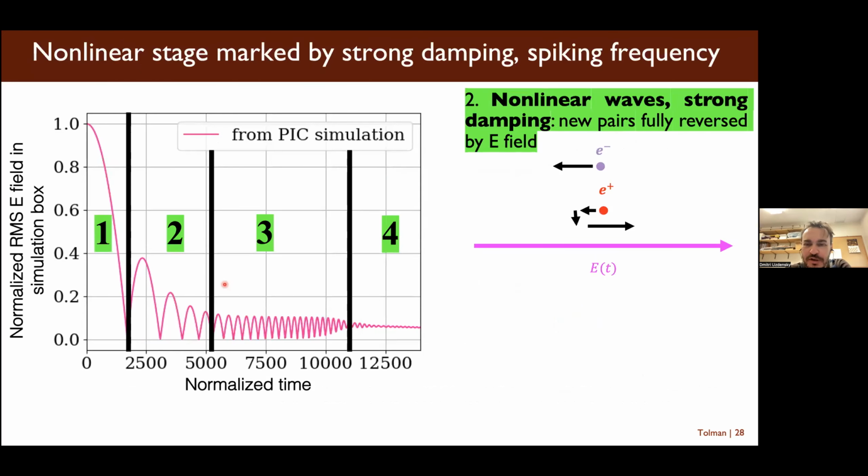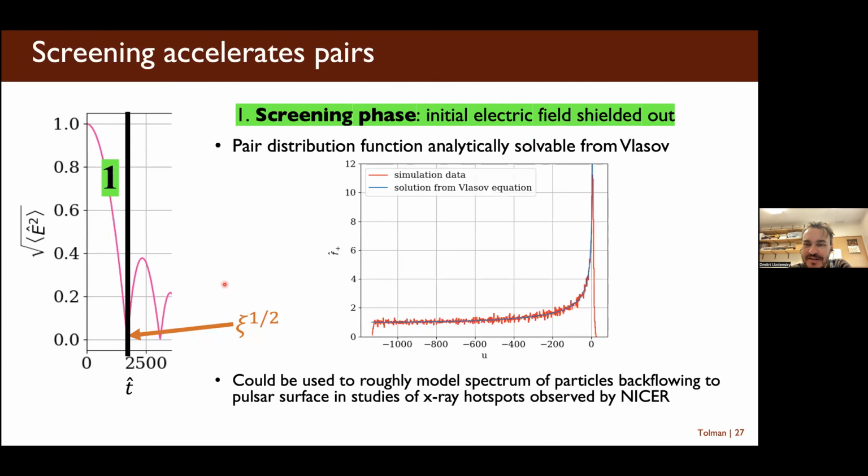Just to clarify for plasma physicists, NICER is what? It's a telescope, right? Yeah, basically. I'm not an expert in NICER, but they're basically trying to image these. It's a hard X-ray that occurs at the polar cap of the pulsar.